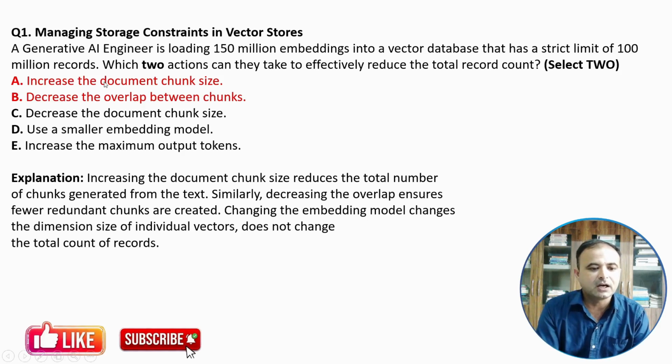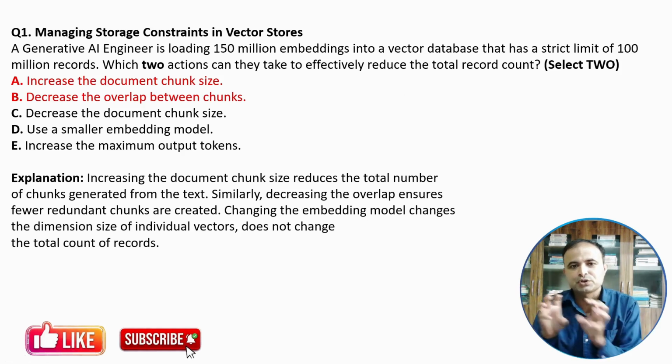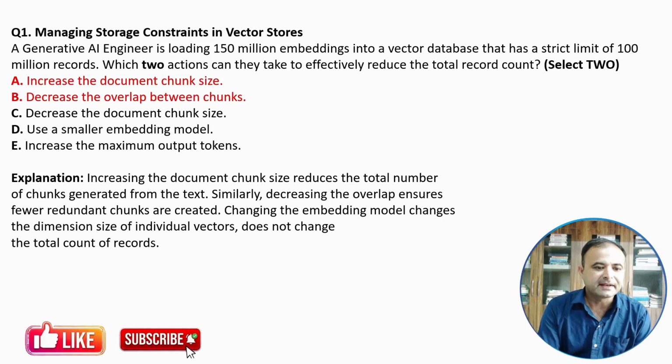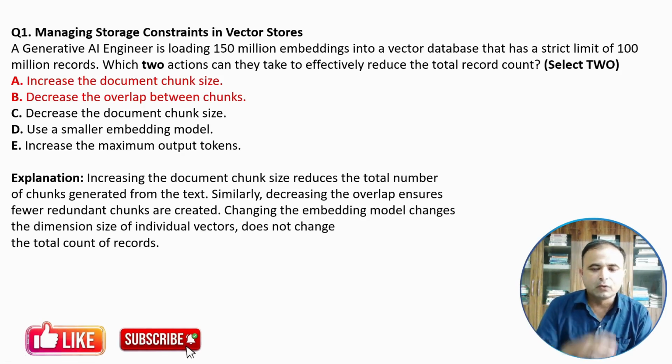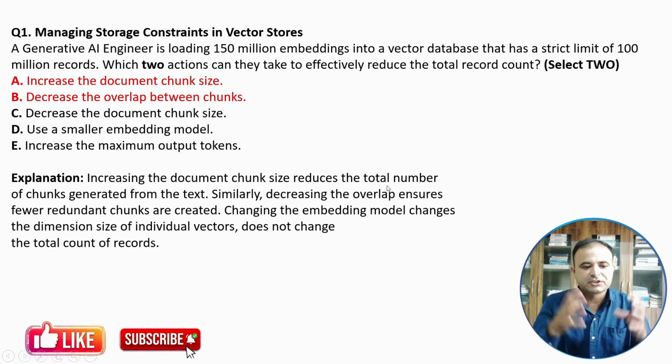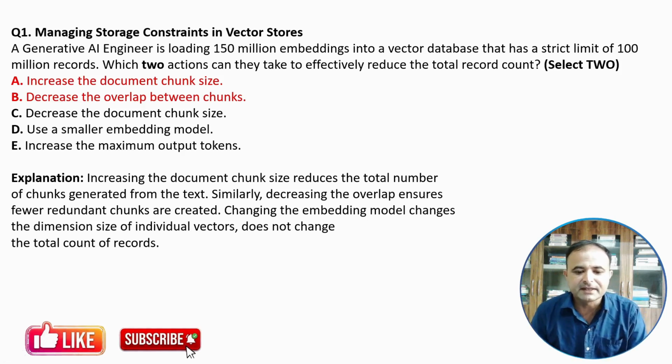First, increase the document chunking size, and decrease the overlap between chunks. What is chunking? Increasing the document chunk size reduces the total number of chunks generated from the text, like a kind of bundle. Similarly, decreasing the overlap ensures fewer redundant chunks are created, so overlapping should be reduced.